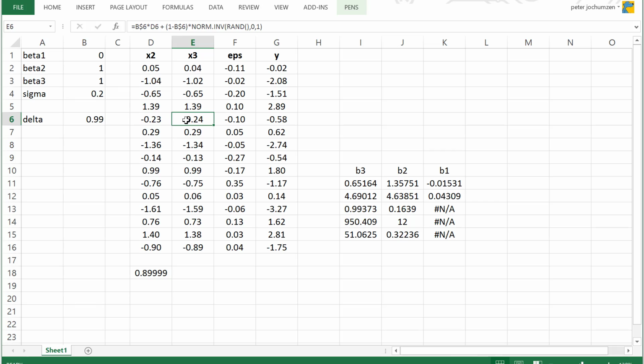If you have more than 2 explanatory variables, then we say that we have perfect multicollinearity if one of them, let's say x3, can be explained as a linear function of the other ones. Maybe I have an x4 as well. If x3 is some linear combination of x2 and x4, then we have perfect multicollinearity.